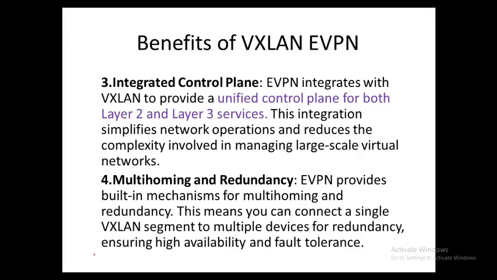This means that you can connect a single VXLAN segment to multiple devices for redundancy. So that if one VXLAN device fails, you will have another VXLAN device. So you got multiple upstream for high availability. Because basically they all belong to the same VXLAN. Only the device is different.